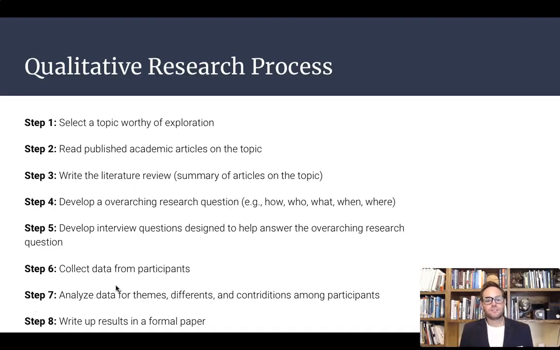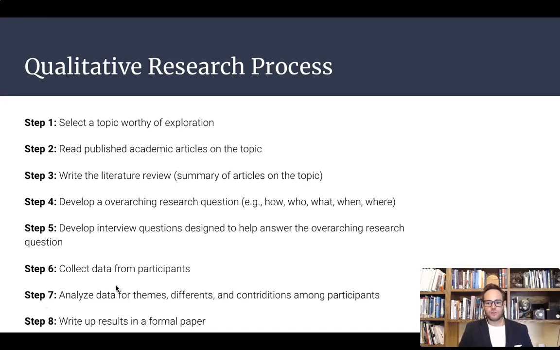Step 5, develop interview questions. Now, interview questions are different from the overarching question. Interview questions are designed to help answer that overarching research question. These questions are the questions you're going to be asking your participant or participants. And so you want to keep them open-ended. An open-ended question would be, tell me about your experience with this, or share more on that.